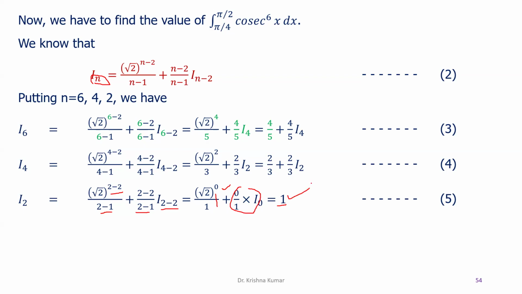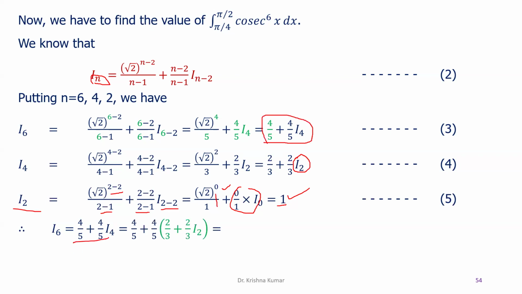Now we have to substitute the values by reverse substitution. We have to put the value of I2 over here. It is nothing but 1. So this is 2 by 3 plus 2 by 3. What is I6? I6 is 4 by 5 plus 4 by 5 I4. Now we have to put the value of I4. It is 2 by 3 plus 2 by 3 I2.